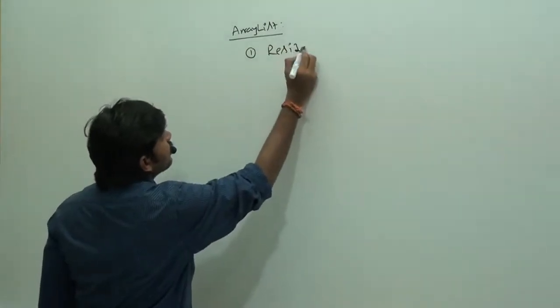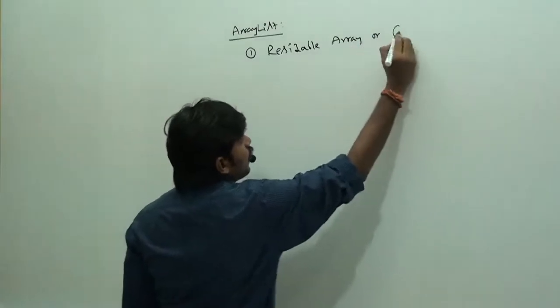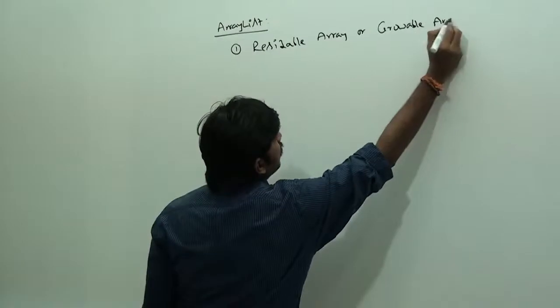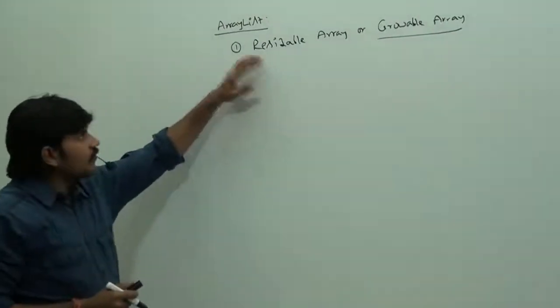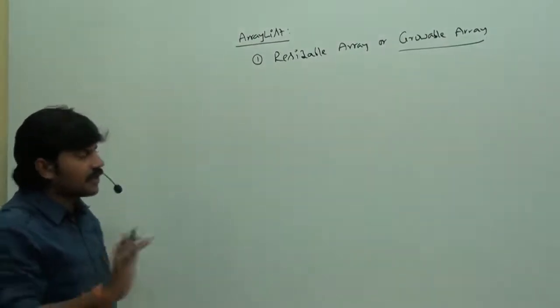Resizeable array or Growable array. So the underlying data structure for ArrayList is Resizeable array or Growable array.